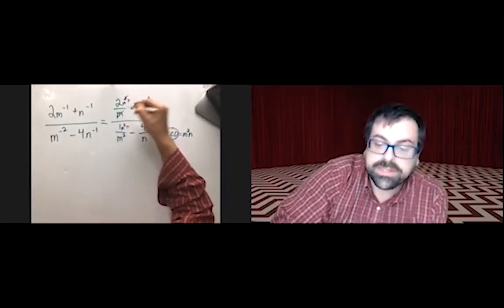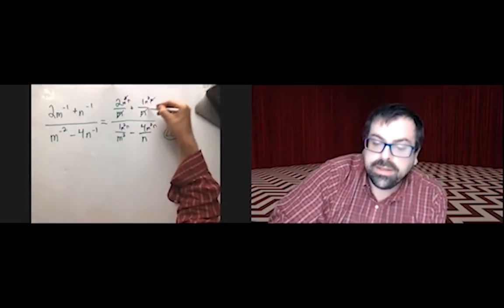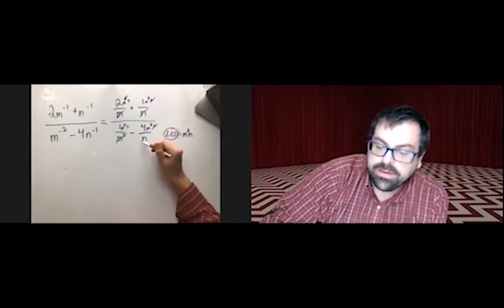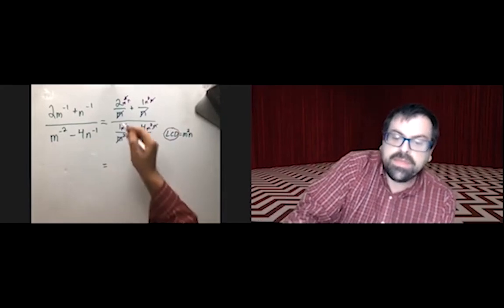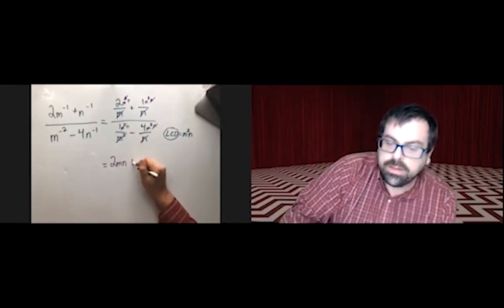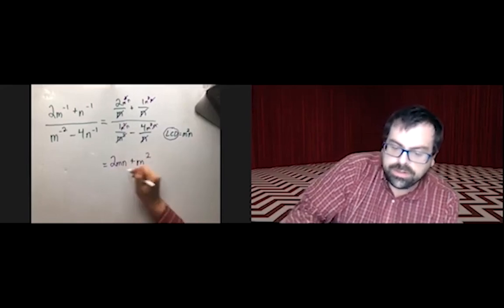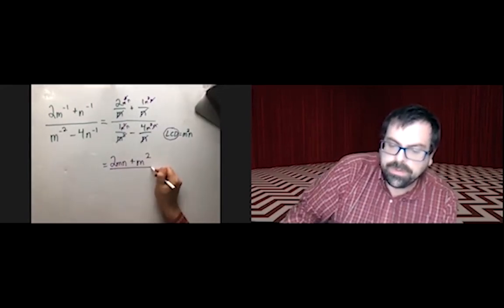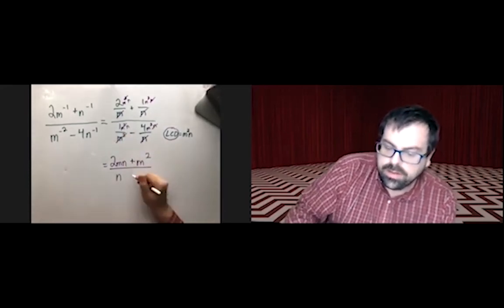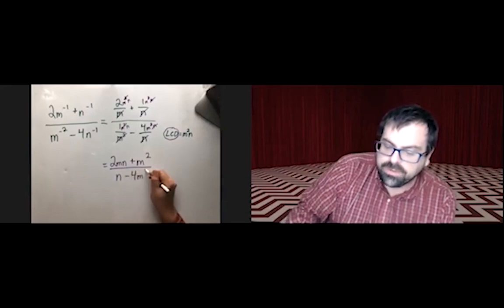One of the m's, the n, both m's, the n. And that leaves us with 2mn plus m squared over n minus 4m squared.